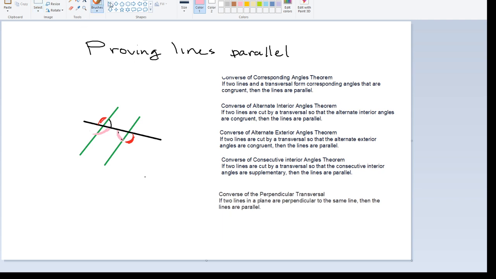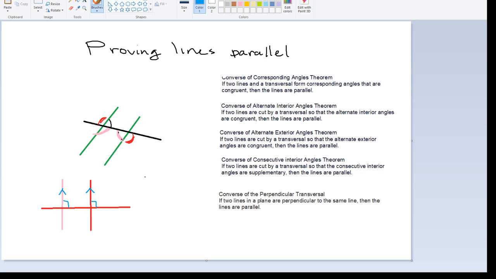This one states that if you have two lines that are perpendicular to the same line, so these two lines are both perpendicular to this line right here, then we can say these two lines must be parallel, and we call this the converse of the perpendicular transversal.